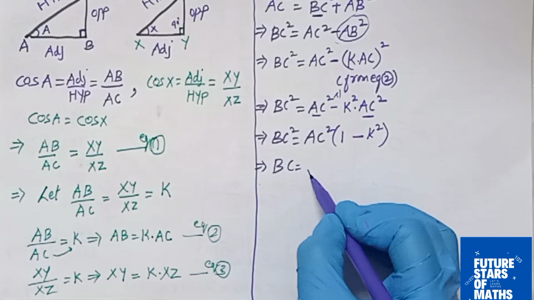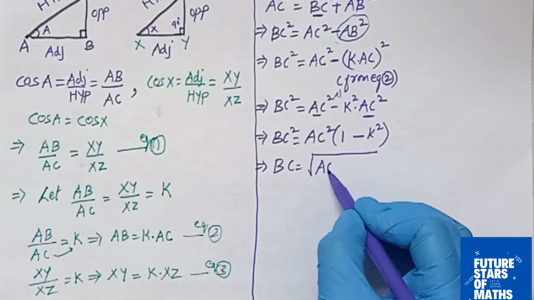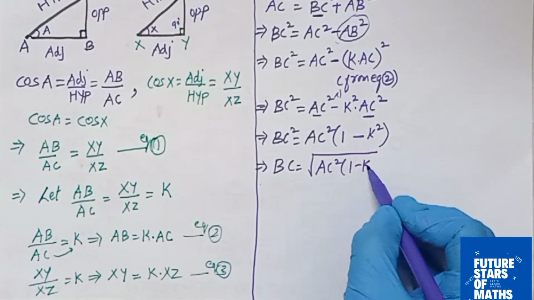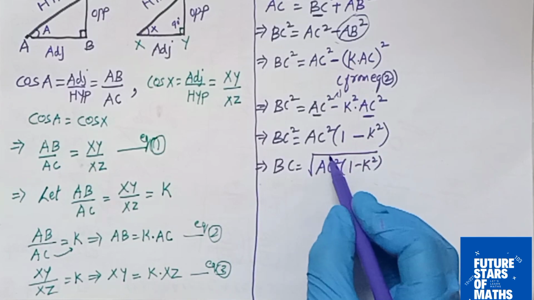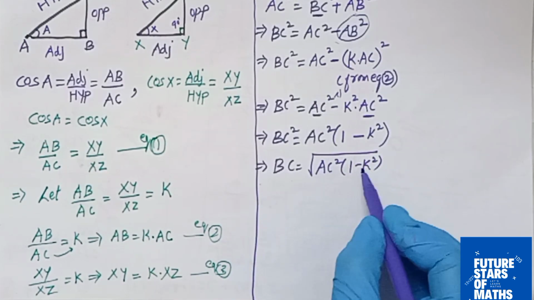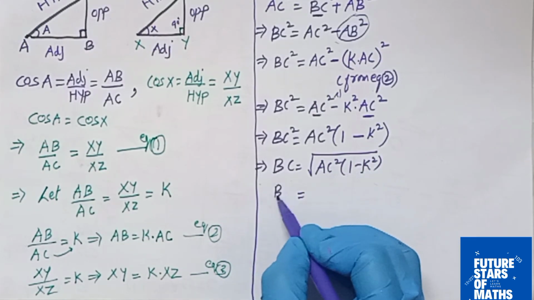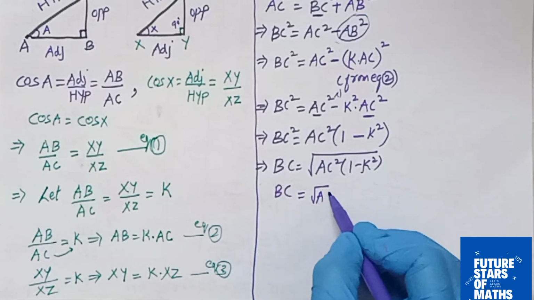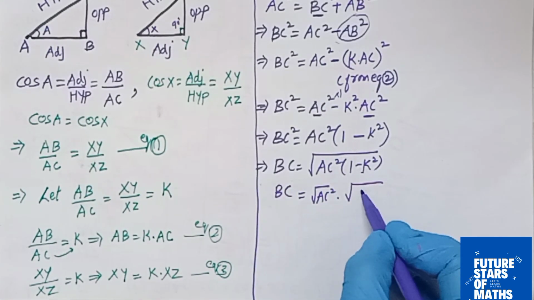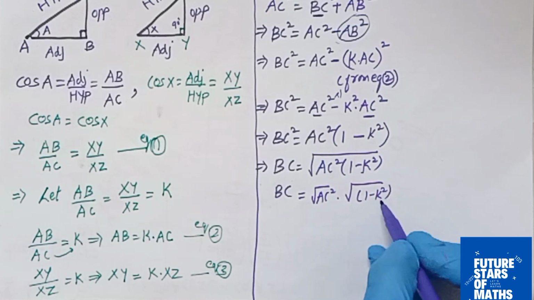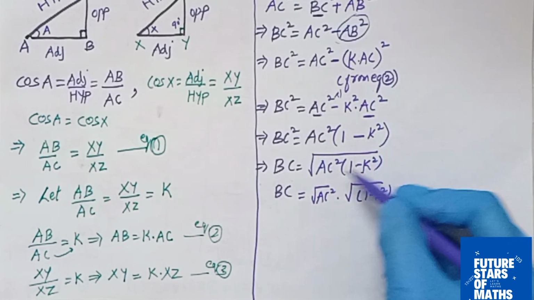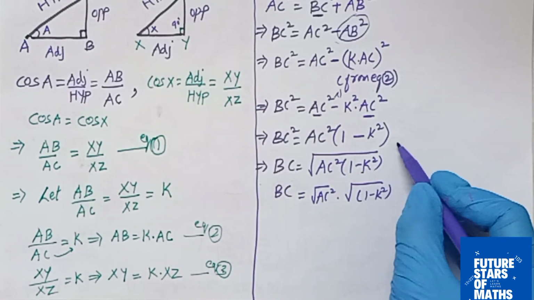Now this square will shift to the other side. So it becomes square root of AC square into 1 minus K square. Here the root is for both the things, so we will separate the root: root AC square into root 1 minus K square. If the whole square were there, we would take it for the whole square.